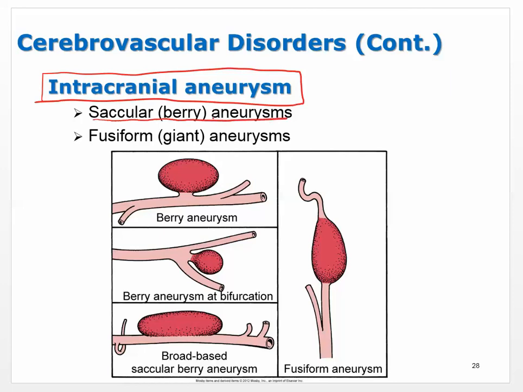A saccular or berry aneurysm, called that because it looks like a berry, or like a sac. And then fusiform are more tapered, and there's a reason for these structures that we'll see.